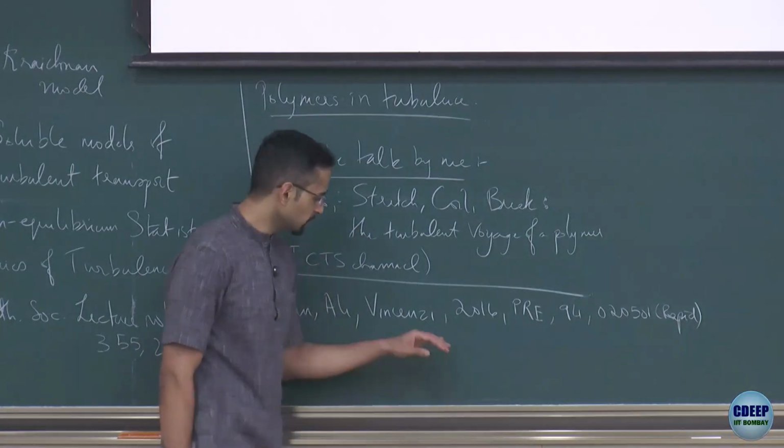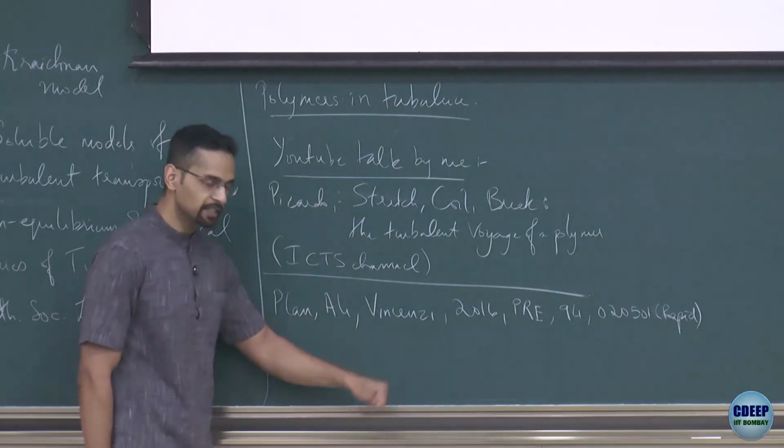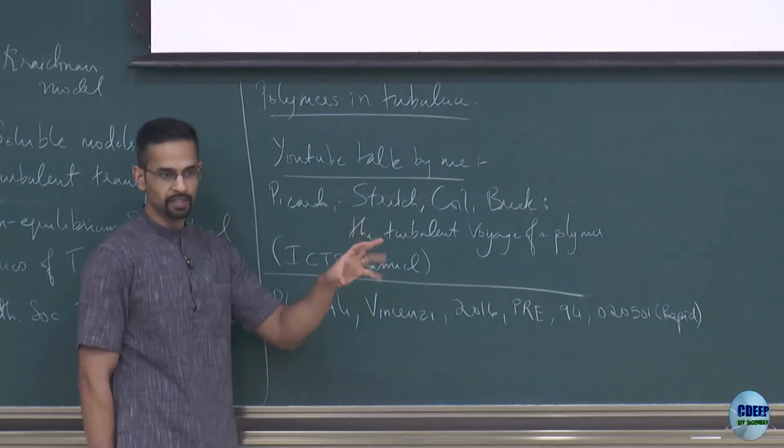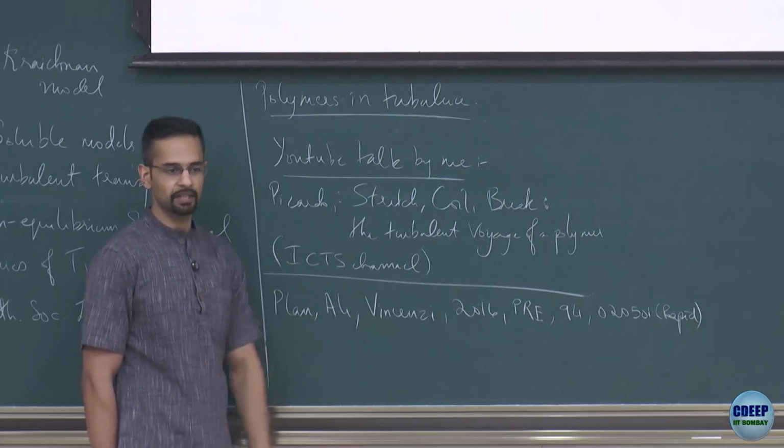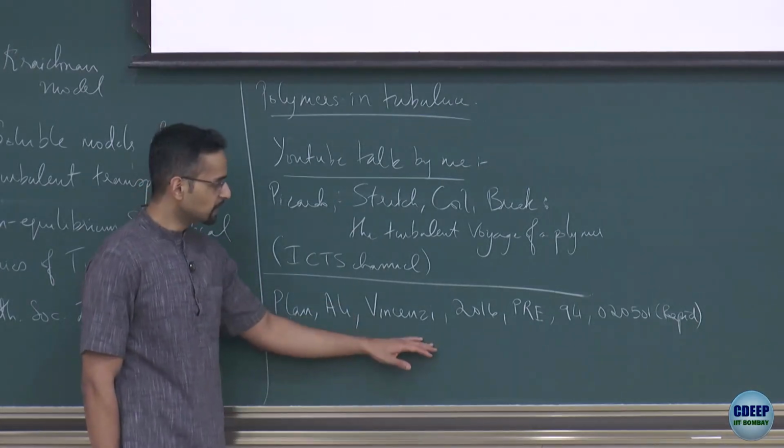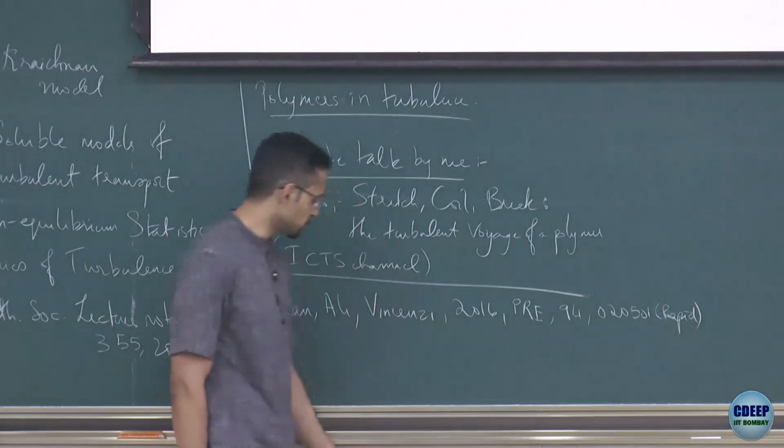Okay? And there are many papers before this, in particular by the group of Vincenzi, which have studied this problem in great detail. Okay? So the main point that I addressed here is how, in terms of the velocity gradient, the fact that it's a tensorial noise, how you can deal with it, again using the steps that are in Gardiner's book. Okay? So some useful steps are outlined in this paper.